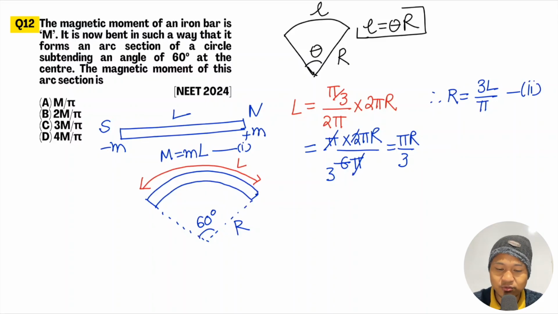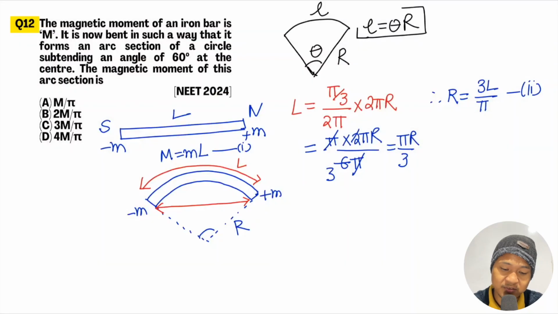Now the formula for the magnetic dipole moment is pole strength into net displacement. Again you will have plus m and minus m. Only the displacement we have to find out.